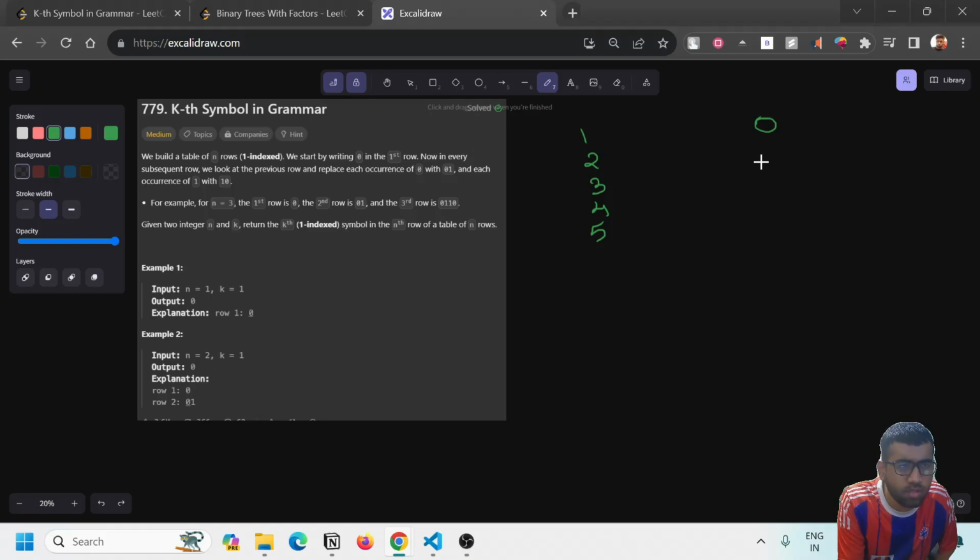And now in every subsequent row we look at the previous row and replace the occurrence of 0. This is the first row and this is the second row, and we replace each occurrence of 0 with 0 1. So here comes a 0 and here comes a 1.